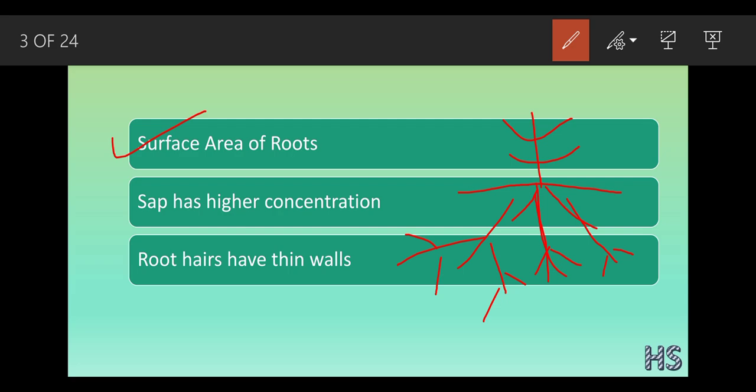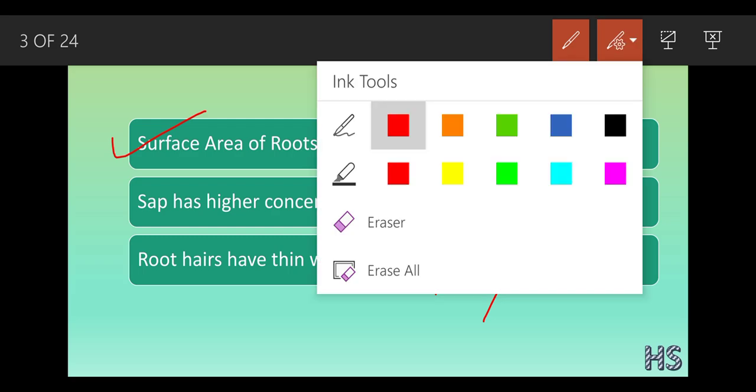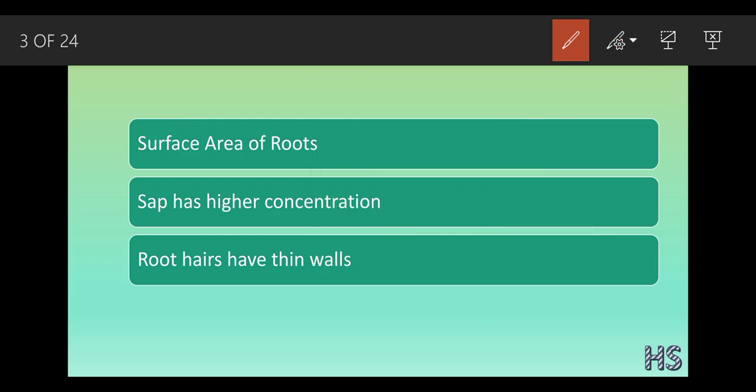Now we are going to discuss sap as the higher concentration. What do you mean by the word sap? Here the word sap means something which has water plus minerals, consisting of water and minerals.